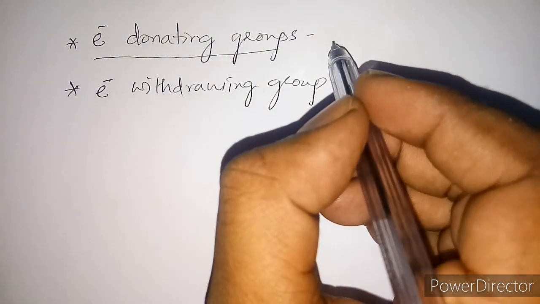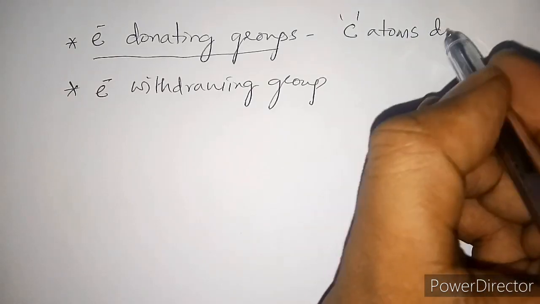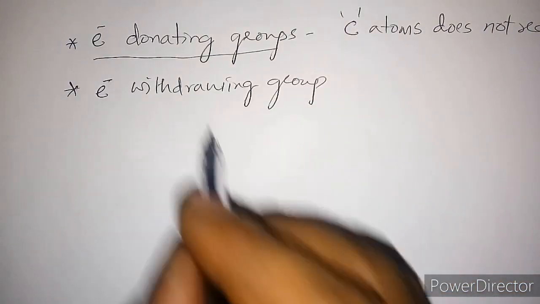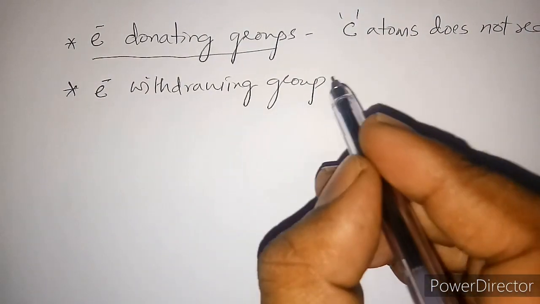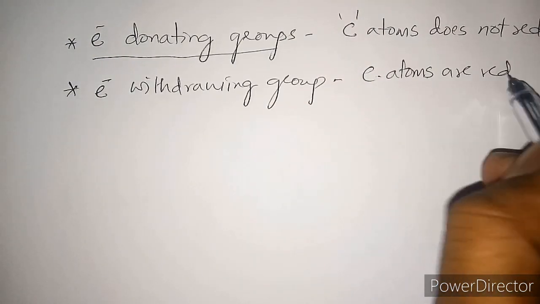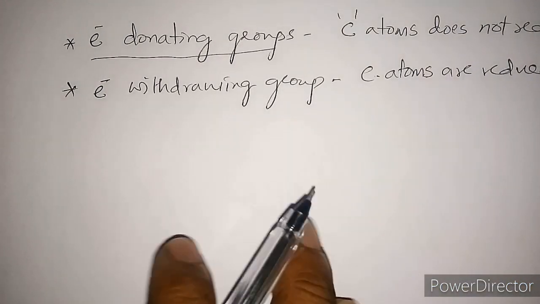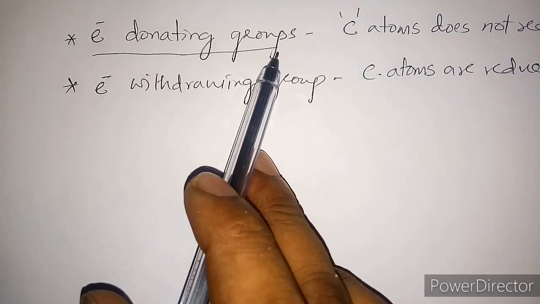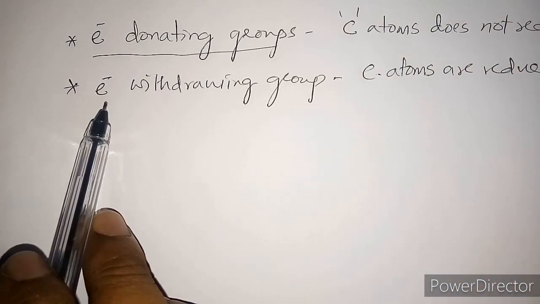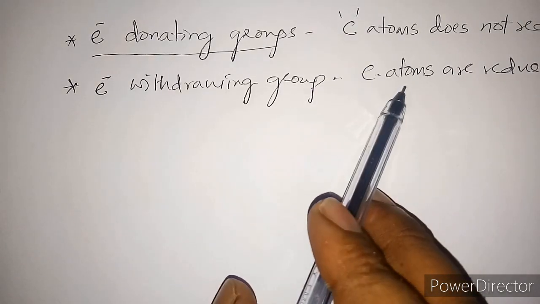So in the case of electron donating group, the carbon atom does not get reduced. So the carbon that connects with the electron withdrawing group, the carbon atoms are reduced. So we have all unsaturated carbon atoms in the aromatic compound. If the carbon contains electron donating group, then that carbon atom does not reduce in the Birch reduction. If it is the carbon atom that is connected with an electron withdrawing group, that carbon will be reduced.